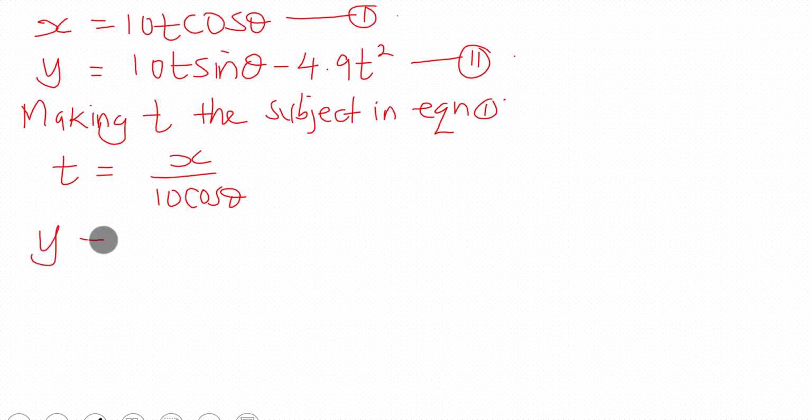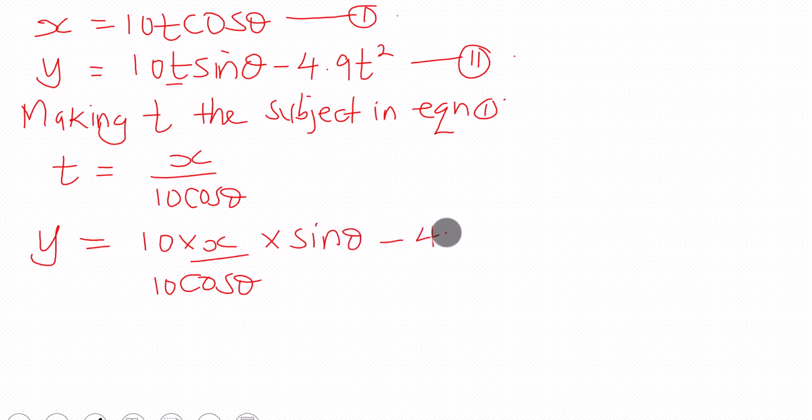So we are going to have y equaling 10 times x out of 10 cos of theta, since t is x out of 10 cos of theta, then times sine of theta, then minus 4.9 times x out of 10 cos of theta, and this part is squared.